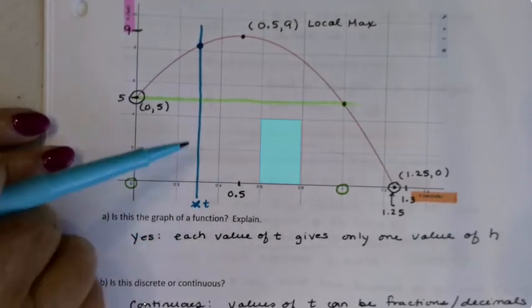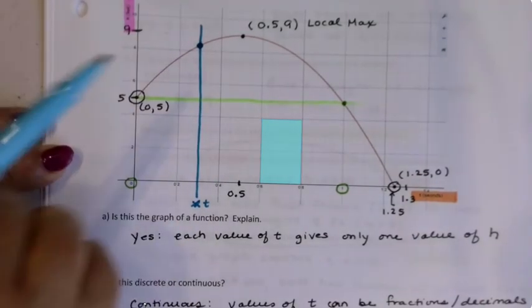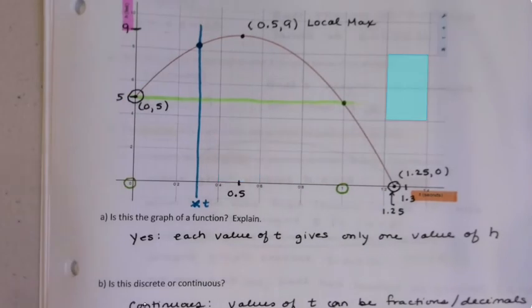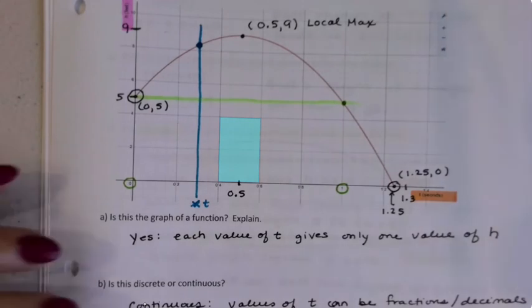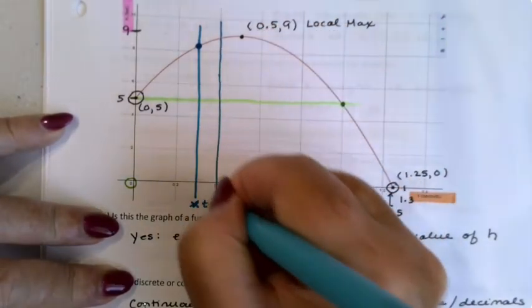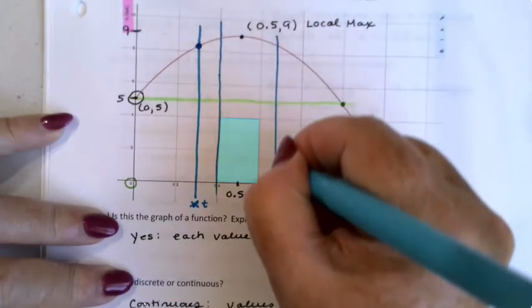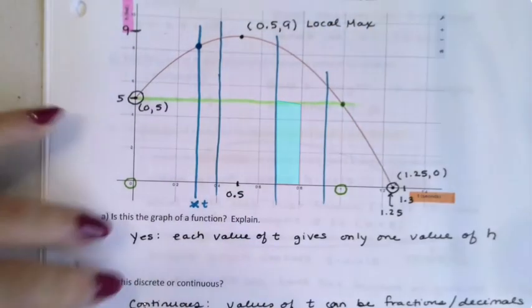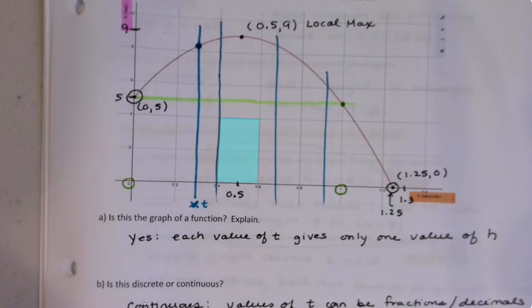So that vertical line is all the same t value, it better only have one output. It better only hit the graph one time. Of course, if I were to go along here, I would see that that's true no matter where I drew my vertical line. So that would be another argument that this graph is the graph of a function. Every vertical line only crosses the graph once.